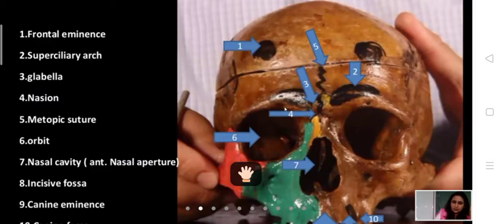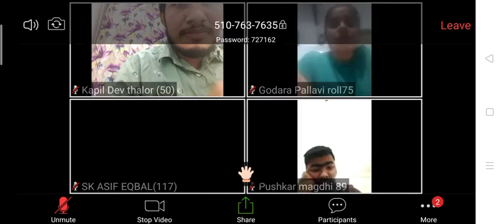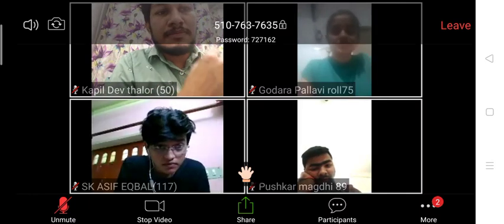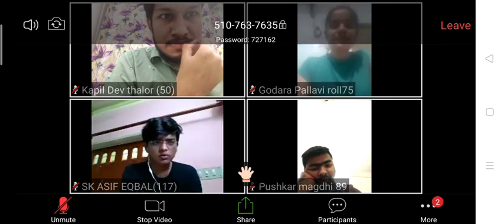Lateral to this notch, this line is called the supraorbital margin. This supraorbital margin is mainly formed by the frontal bone, and this frontal bone turns backward.